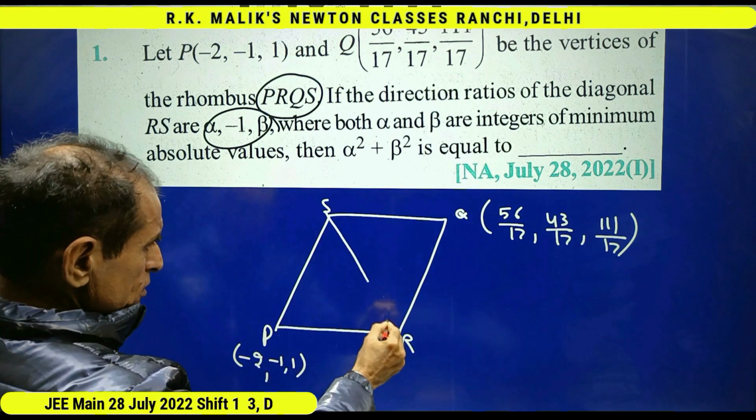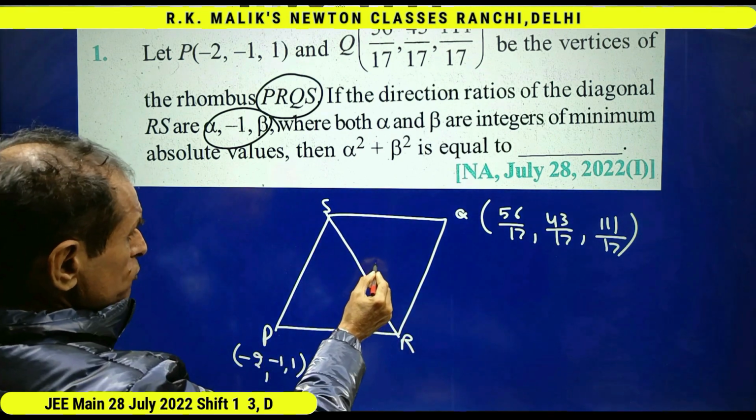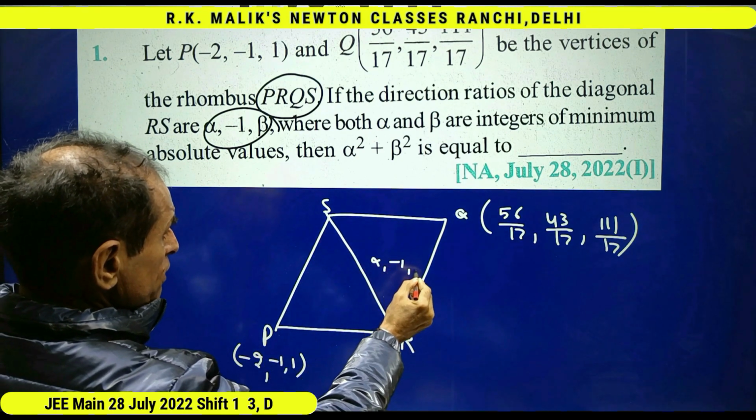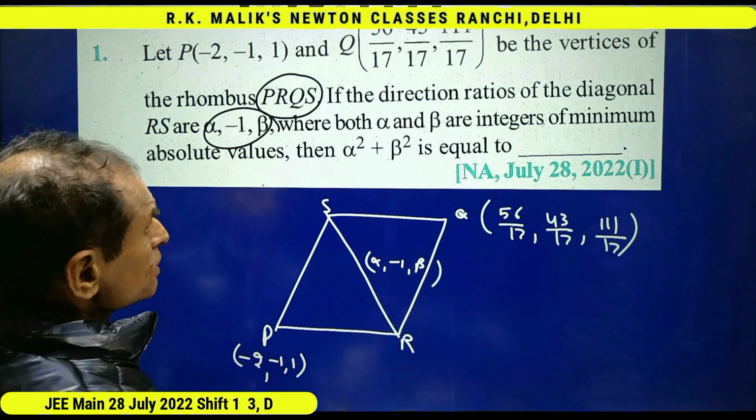That is, this has direction ratios alpha, -1 and beta.